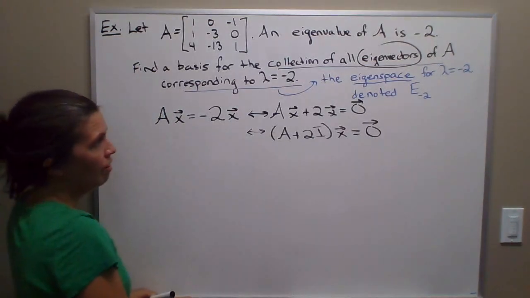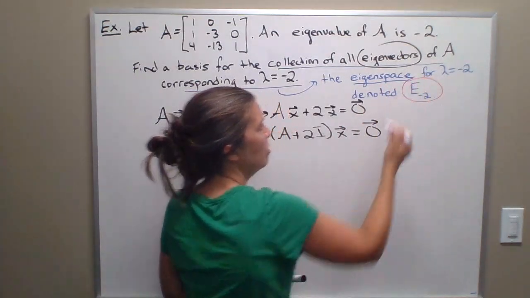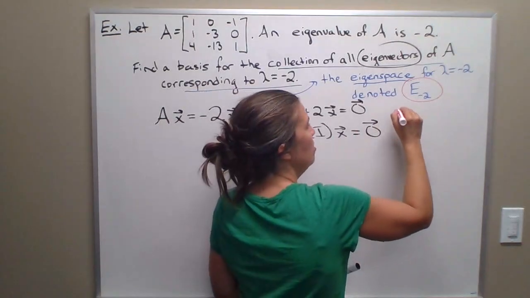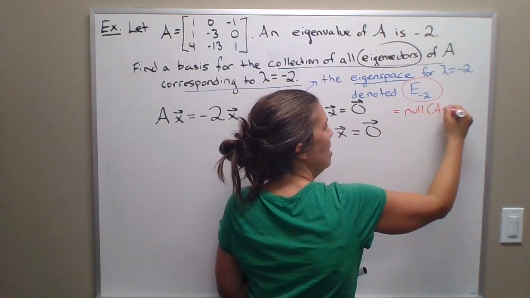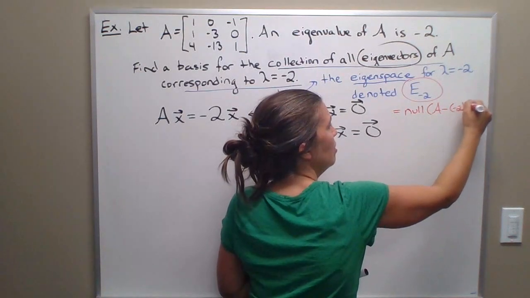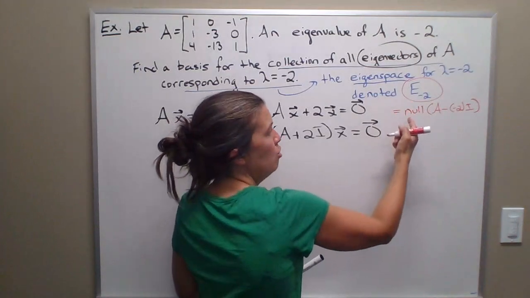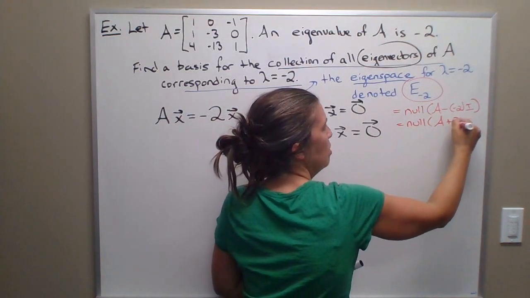In other words, something else I've said in the notes, the eigenspace for -2, so this E -2, is equal to the null space of the matrix A minus the eigenvalue times I. So in this case, the E -2 is equal to the null space of the matrix A plus 2I.